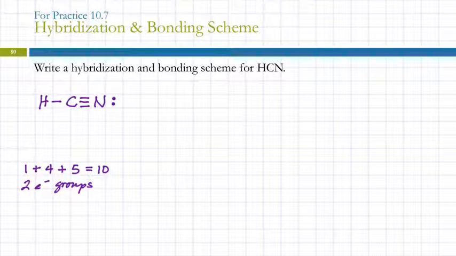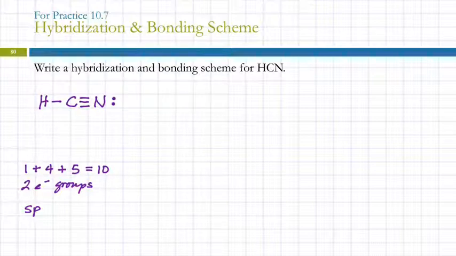Oh. SP. I need 2, right? S and P. So this will be SP hybridization. I know that because I look at the Lewis structure. The Lewis structure says I need 2 electron groups, so I'm going to need SP hybridization.